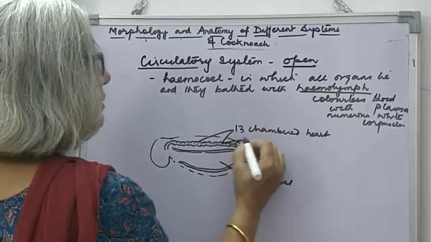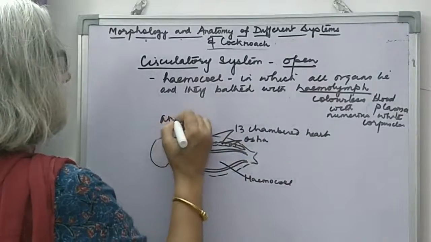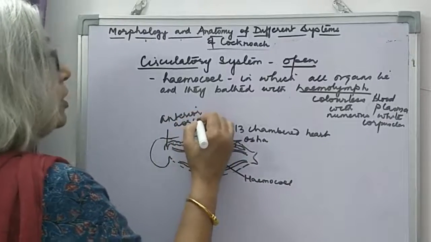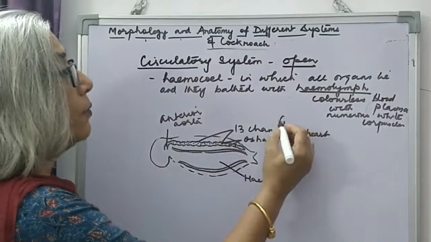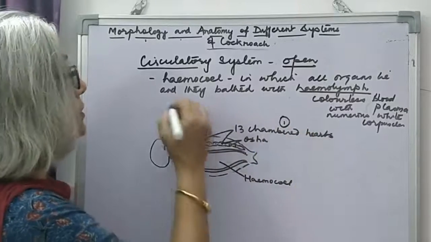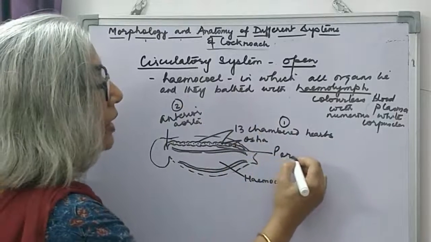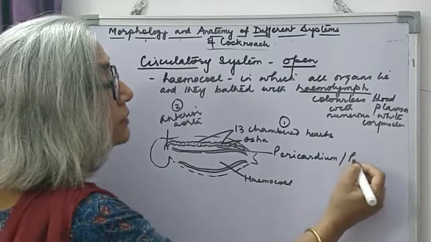These openings are called ostia. This is the anterior aorta. As I told you, the circulatory system is divided into 13 chambered hearts. Anterior aorta. This is pericardium, or we call it pericardial sinus.